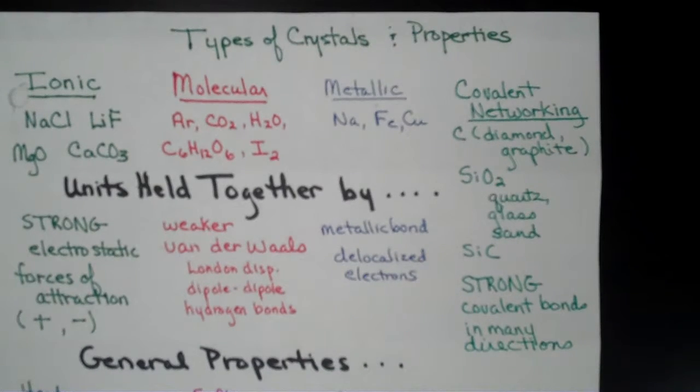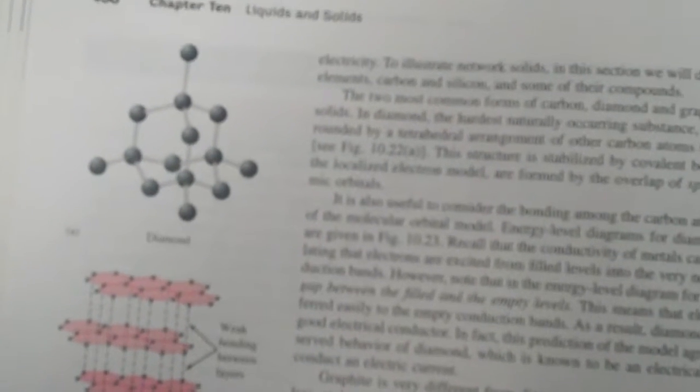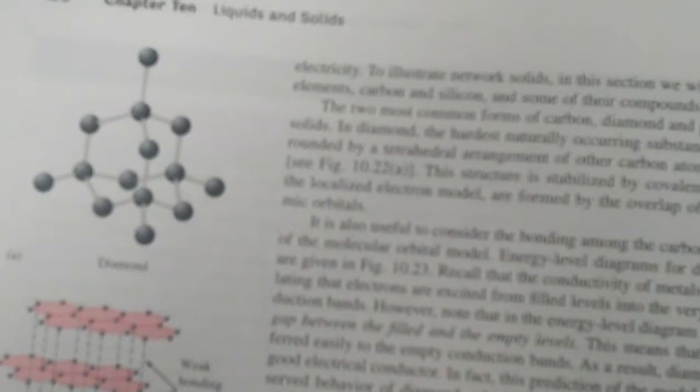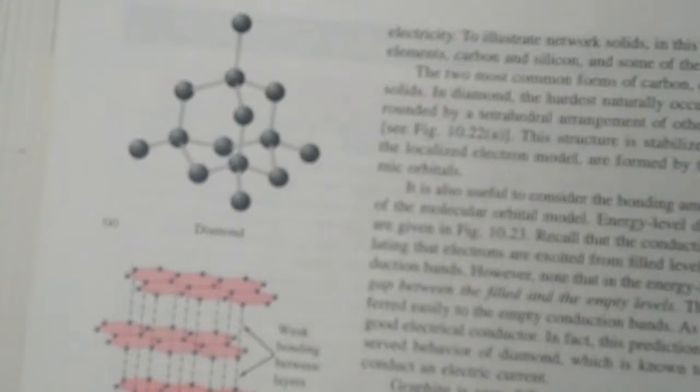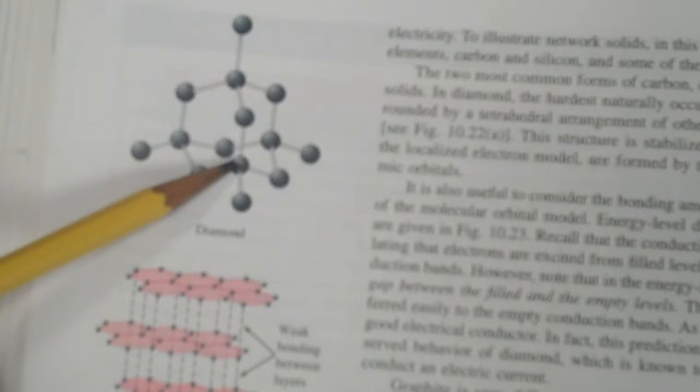I'm going to start off by using Zumdahl's textbook right here. Let me zoom in a little bit. You can see up in this corner the central carbon atom. Let's just focus on this atom right here.